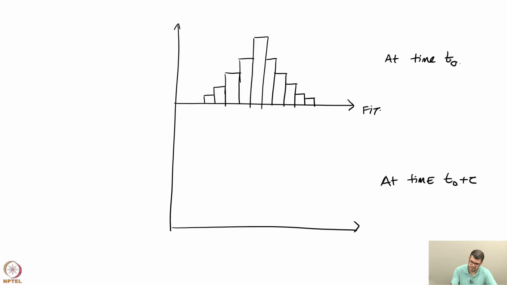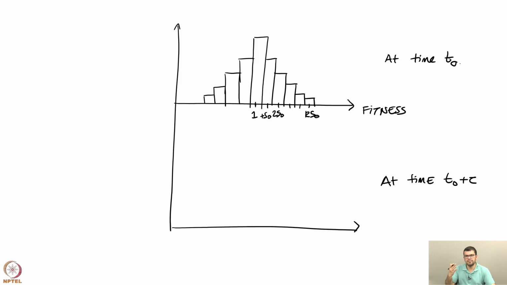This is fitness, and let us say this is 1, this is plus S0, this is plus 2S0, 3S0, 4S0, and this is KS0.